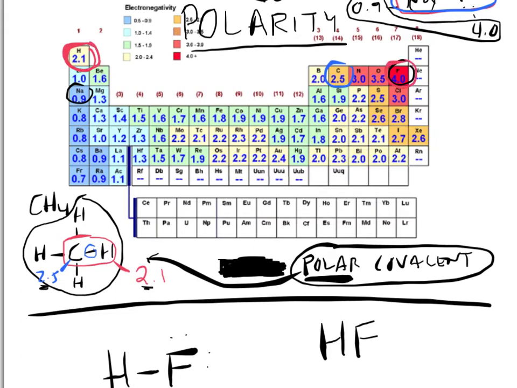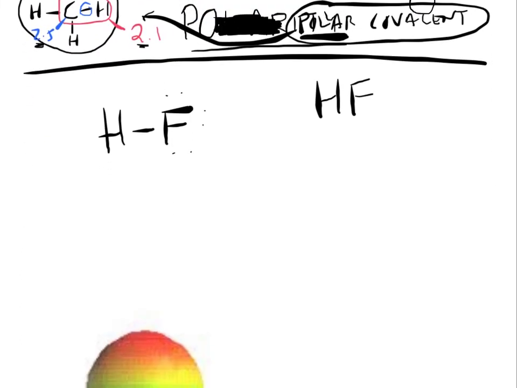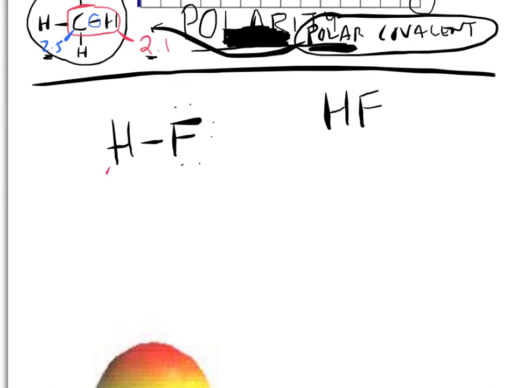For hydrogen, it's 2.1. So I'm just going to label this 2.1 and 4.0. The electrons in this bond that are shared between these two nonmetals are getting pulled more by the fluorine than by the hydrogen. And since we know electrons have a negative charge, that means that there's more negative charge on the fluorine than there is on the hydrogen.